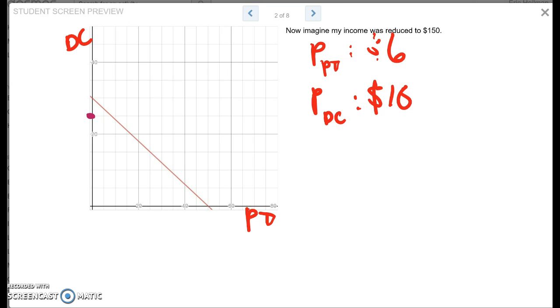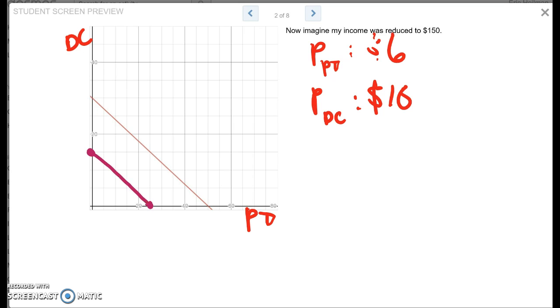If I spend all of my money on Pop-Tarts, I'm going to be able to afford 25 cases. Oh, that's not 15 though. 15 is here. So anyway, now my new budget constraint is this line.